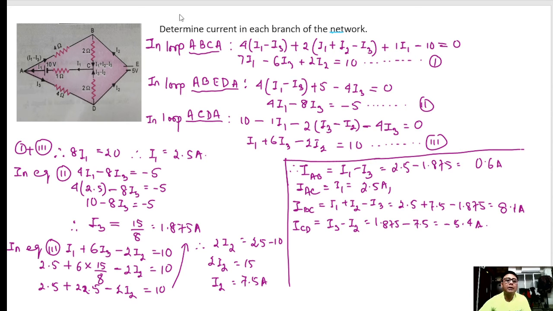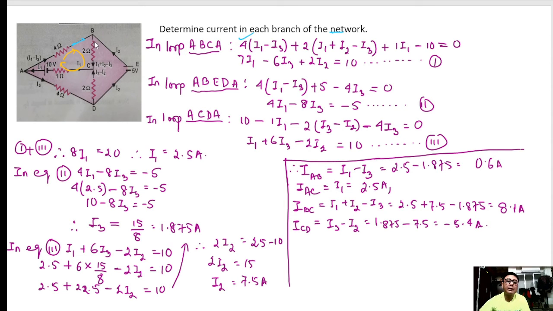So first of all I have chosen, see the circuit diagram, ABCA. So we are going in the direction, first from A to B. A to B is in the direction of the current, so positive 4 into this.